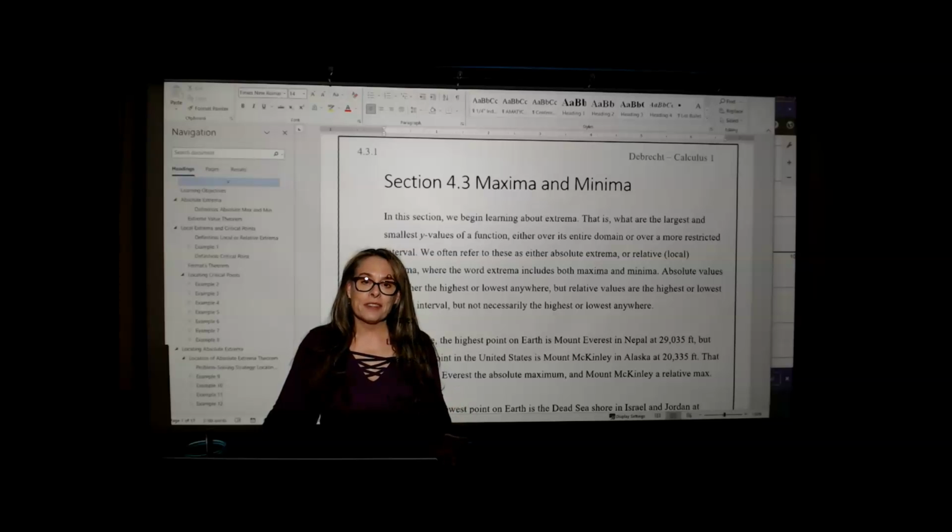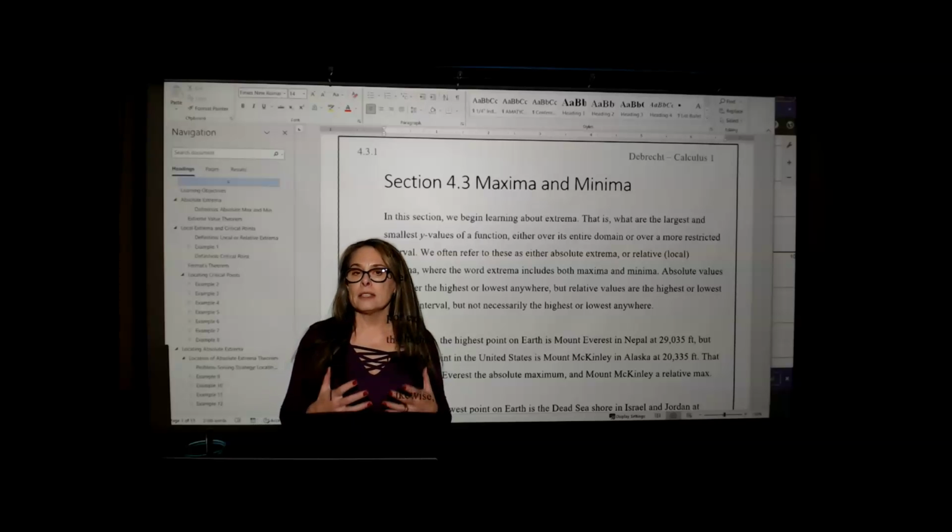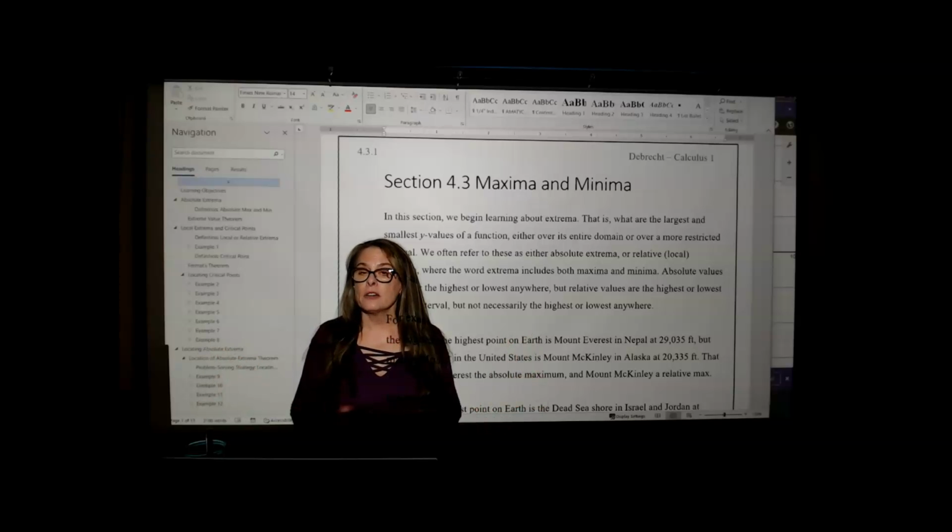When we talk about an absolute maximum, we're talking about the highest possible y value on some interval, or perhaps on the entire domain of the function. We have to specify where we're looking.